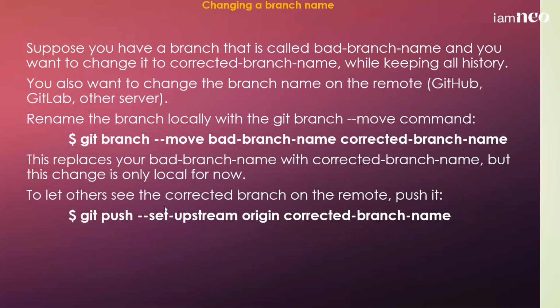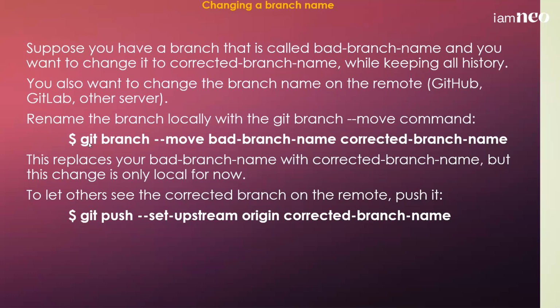Suppose we have a branch called bad-branch-name and you want to change the branch name. Then you give the command git branch --move bad-branch-name corrected-branch-name. Here the example names are bad-branch-name and corrected-branch-name.